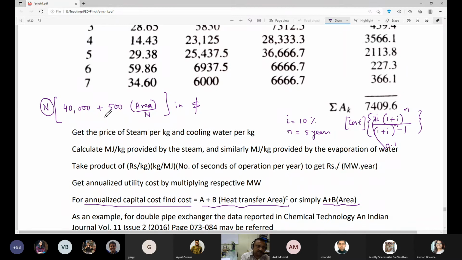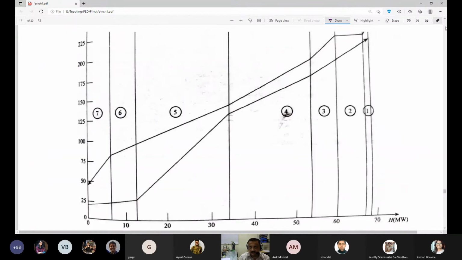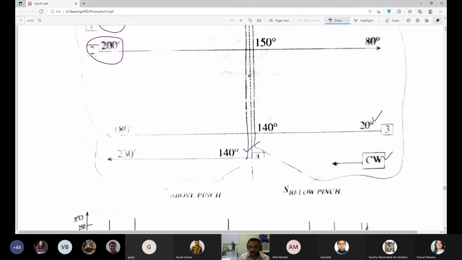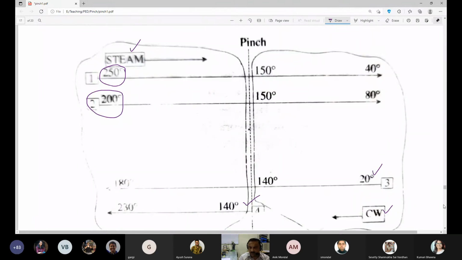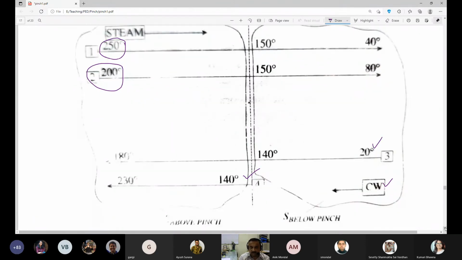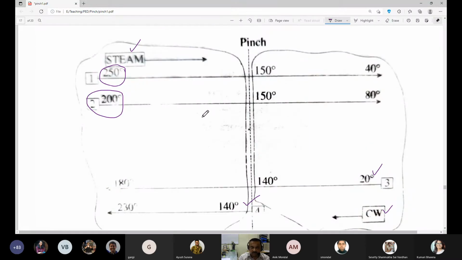Now how n is decided is done for simple cases. Basically, in the book that I referred to, you will find at the end there is a chapter on how to decide on n. There are some theorems available, but without doing much, I can think of how many streams I have above pinch and how many streams I have below pinch.